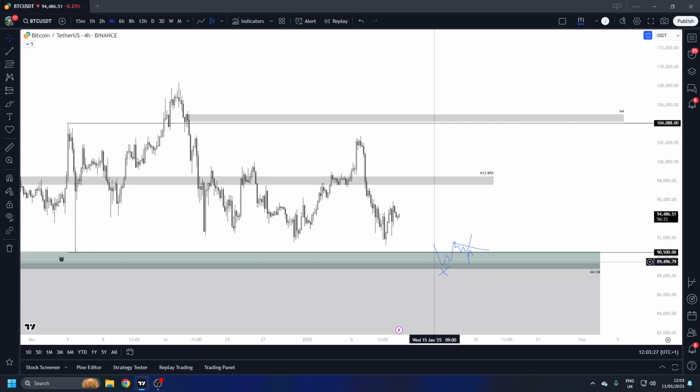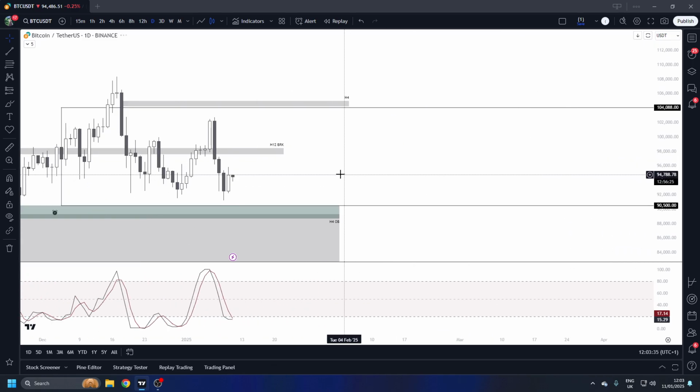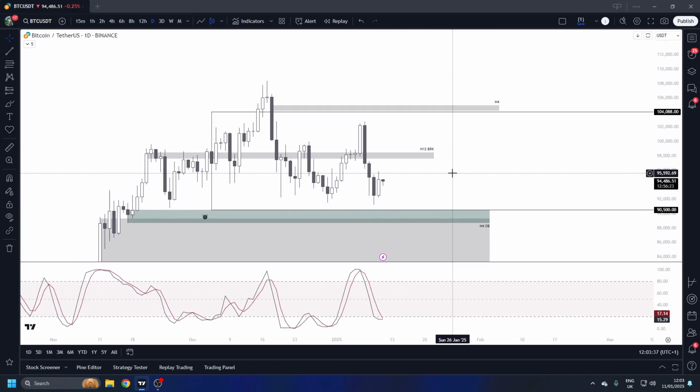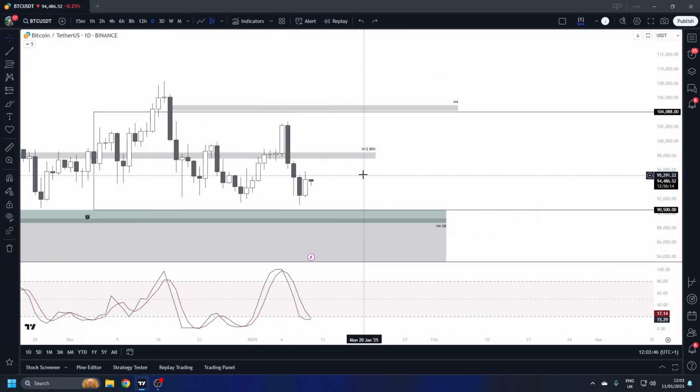But for now, we're looking for this down here, and I'm looking for maybe timing it a little bit with the daily stochastic RSI. This one's at the low now, but I think we could get something like this choppiness down here, a double bottom perhaps would be very nice.